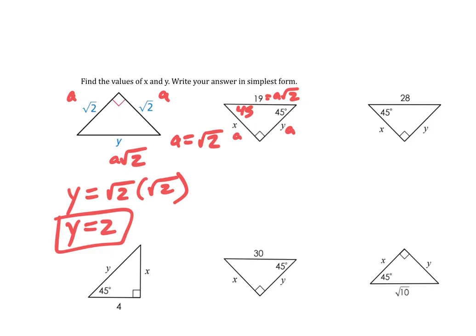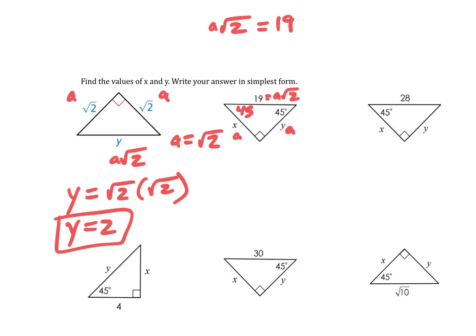Right? When I lay this up here, it shows me that the hypotenuse is A radical 2. So I'm going to set A radical 2 equal to 19. 19 is what they give me, and we know that's the same as A radical 2.